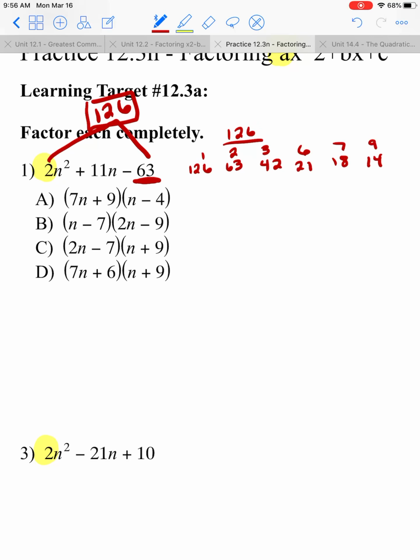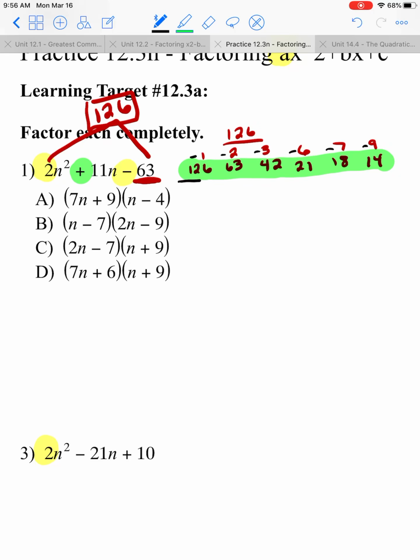Now everything is the same as what we did in our last video. I have to look at my second sign. I have a negative, so that tells me these are going to be different. And I look at my first sign to see the sign of the larger factor. Well, the larger factor, which are all of these here, are going to be positive, and if they're different signs, that means that these will be negative.